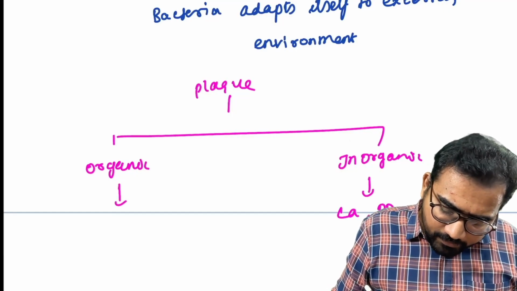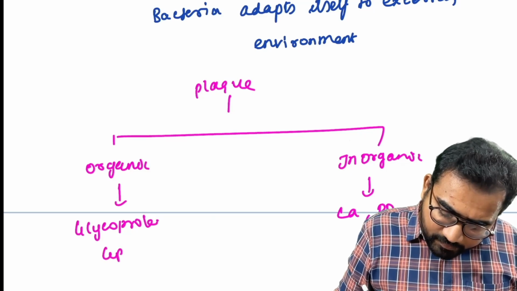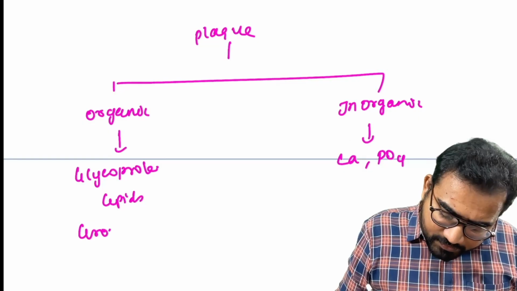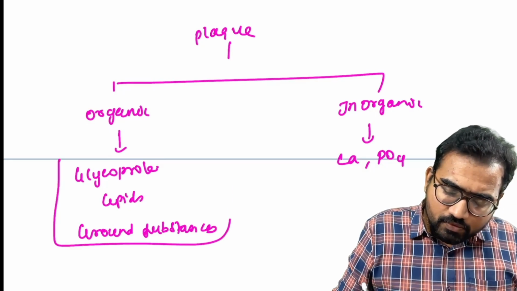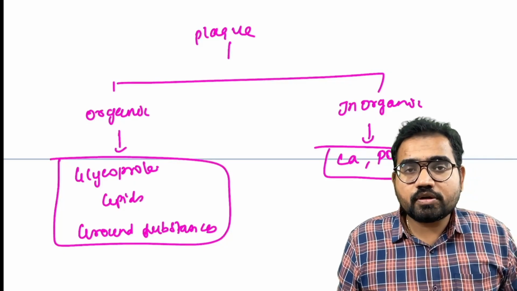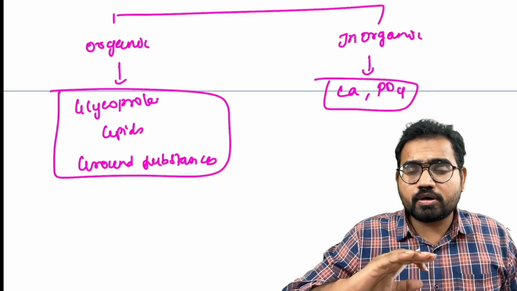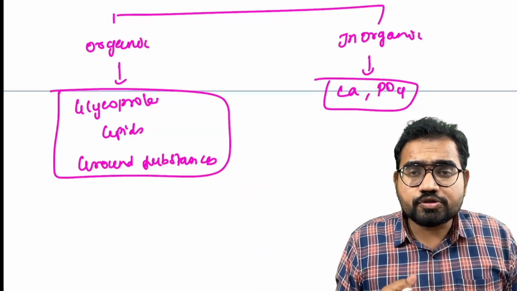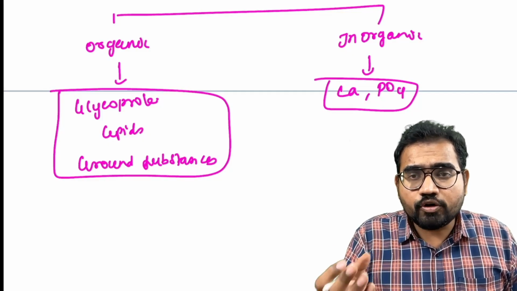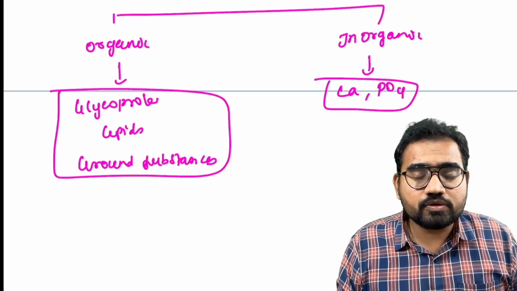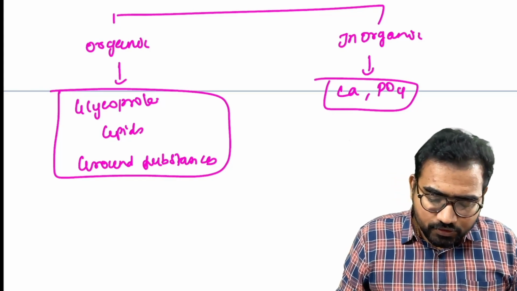The organic content will be glycoproteins, lipids, and certain ground substances. These are the composition of dental plaque. We will further discuss the plaque hypotheses, and also how the biofilm inhibits antibody production and how it becomes resistant to antibiotics.